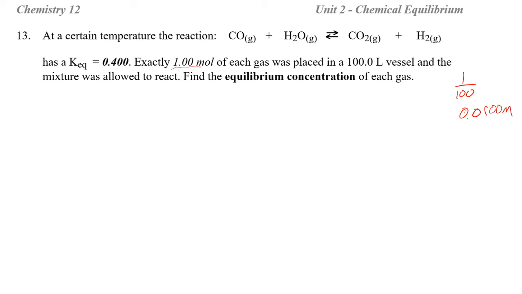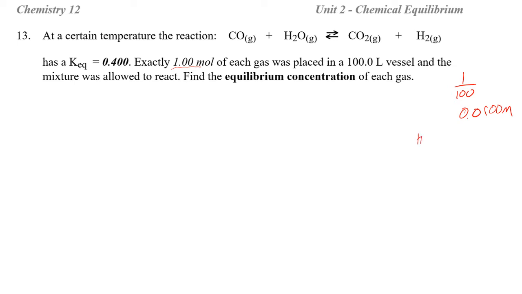So like this. That would be their concentration of everything in our reaction vessel. Okay, so that's the initial concentration. I'm going to quickly do a trial Keq. First, I guess I should do a Keq expression. I'm going to do it right here.